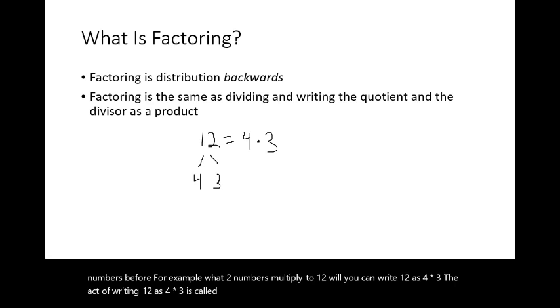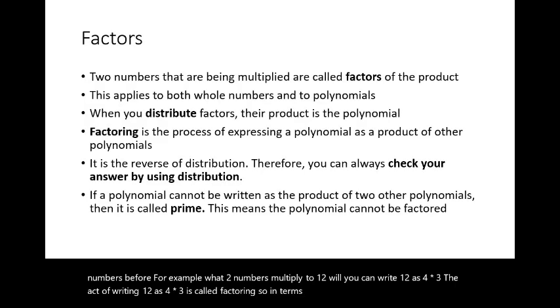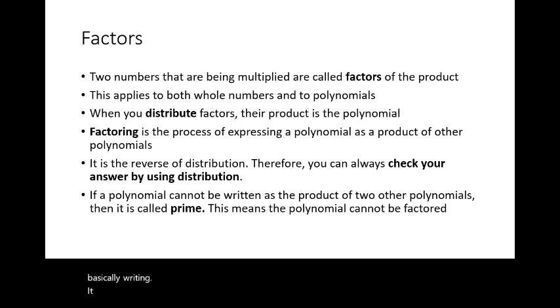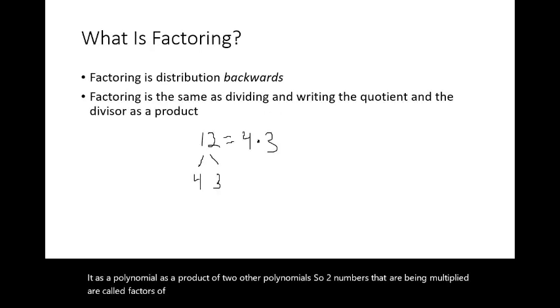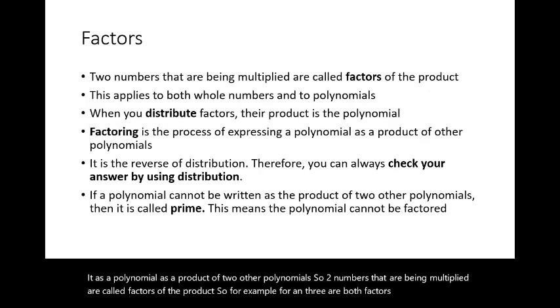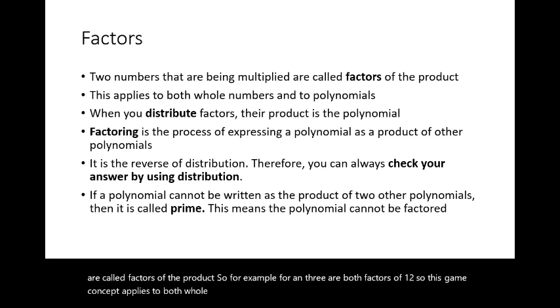So in terms of polynomials, what you're doing is writing a polynomial as a product of two other polynomials. Two numbers that are being multiplied are called factors of the product. For example, 4 and 3 are both factors of 12. This same concept applies to both whole numbers and to polynomials.